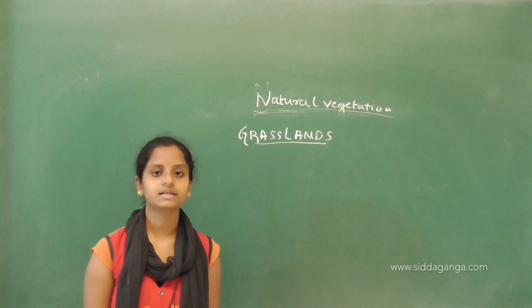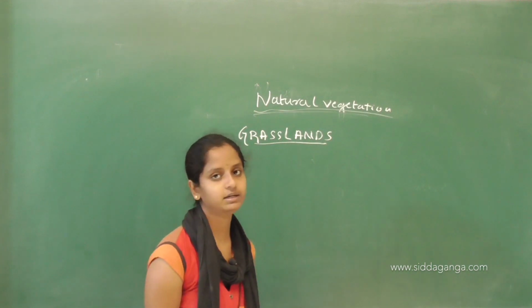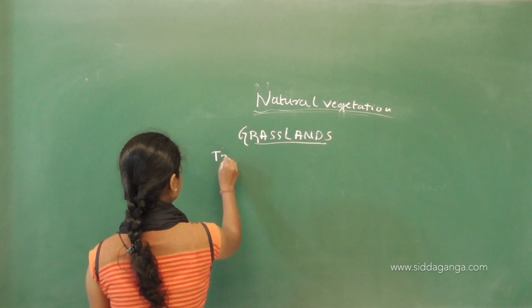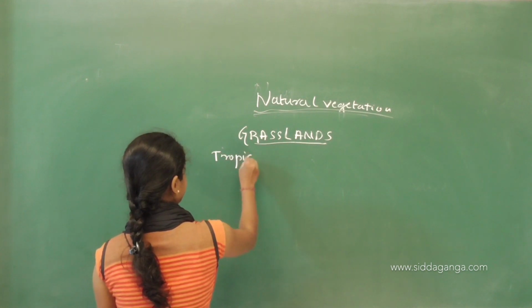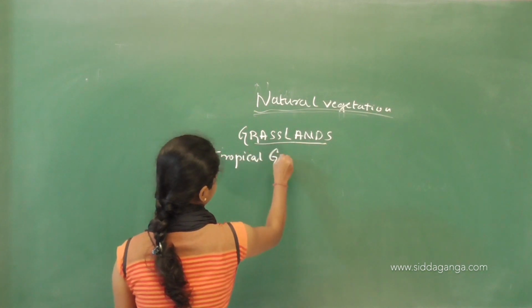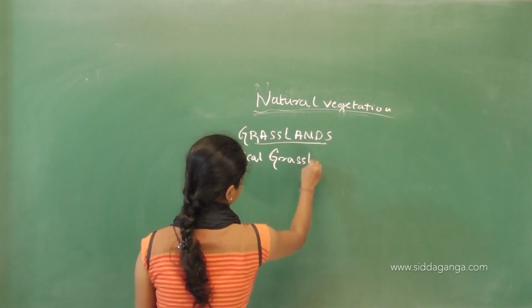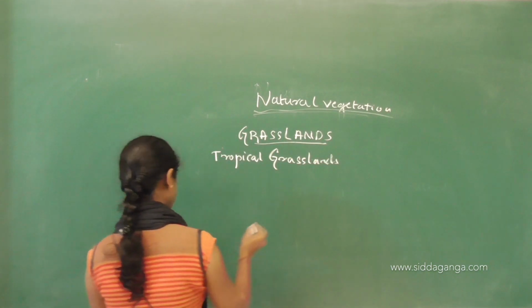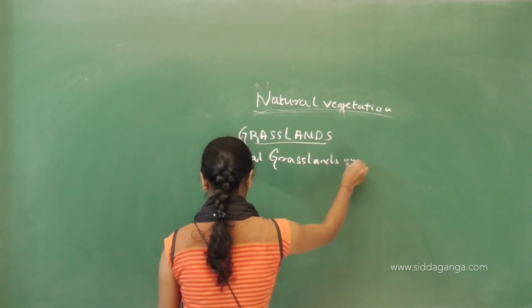In these grasslands there are some different kinds. The first one is tropical grasslands.